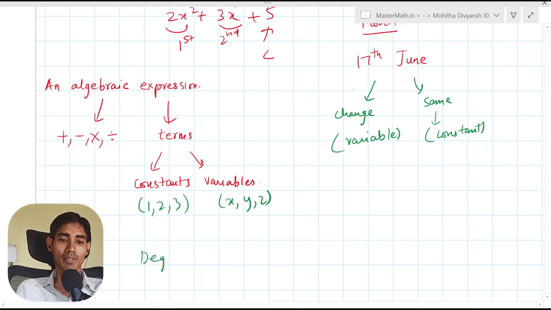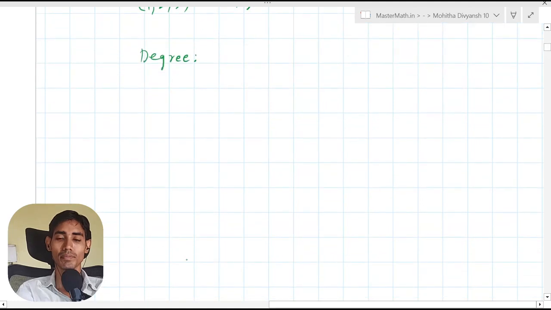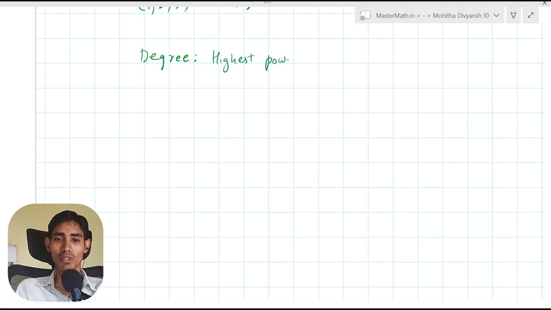What is degree? It is the exponent of a variable. Highest power of variable, not the constant numbers, variables.